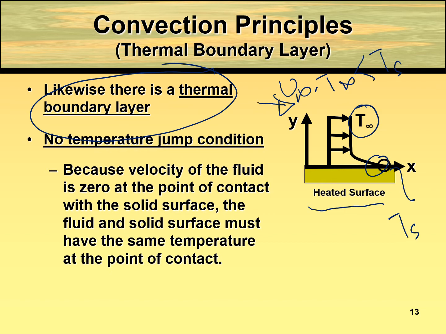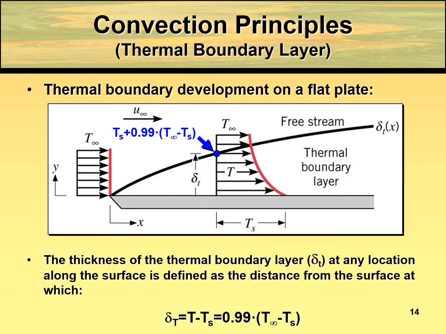Because the velocity of the fluid is zero at the point of contact, at the point of contact for the fluid on the flat plate heated surface, the temperature of the fluid is assumed to be the same as the surface temperature at that contact point.